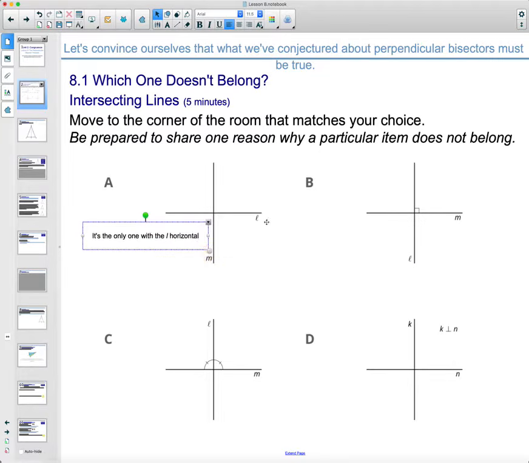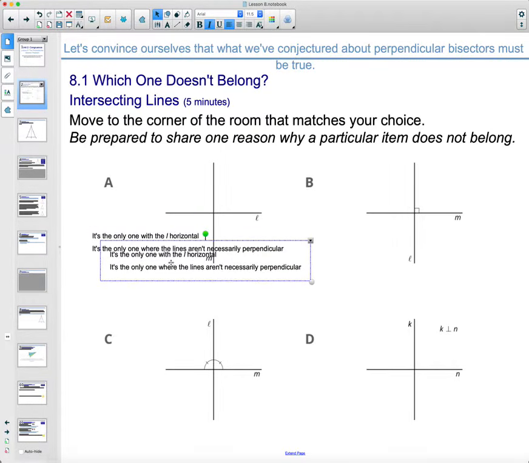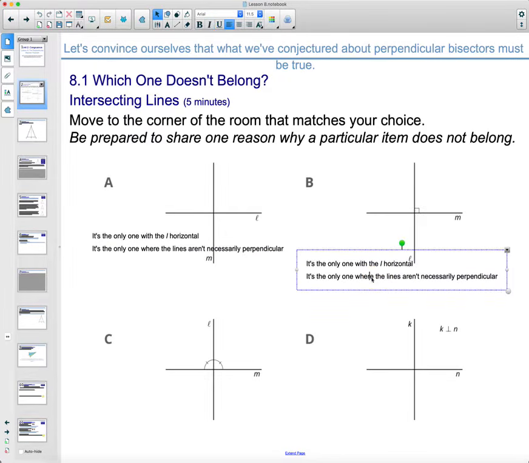Or it's the only one where the lines aren't necessarily perpendicular. You could have come up with some other reasons there potentially.